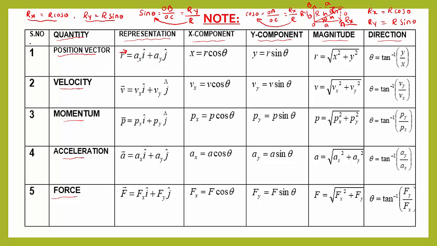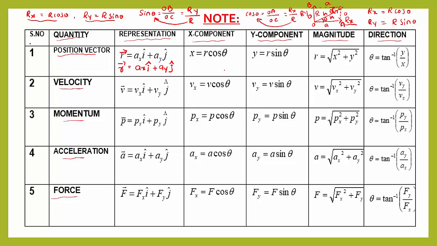Is it clear how to write its position vector? Vector r equal to ax, which is the first component along the x-axis, ax is the magnitude and its direction is i cap, plus ay, the second component along the y-axis, and its direction is given by j cap. So how to write the position vector: vector r equal to ax i cap plus ay j cap.